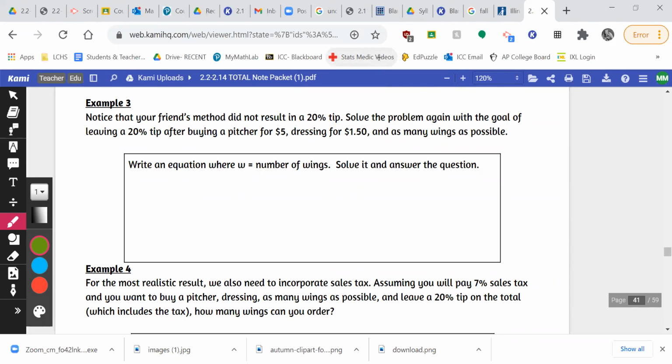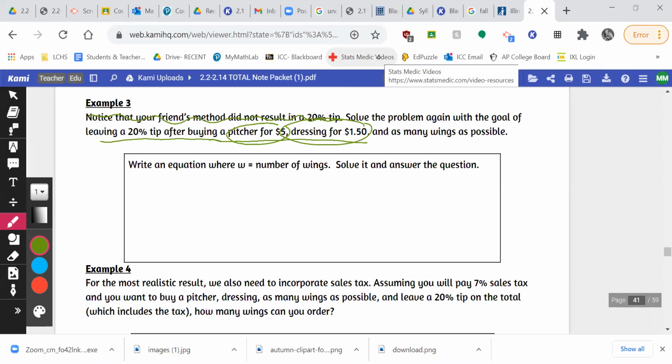So you want to be careful when we look at the percent increase to have it represent the final amount. So in this one, it says, notice, don't worry about that part. Solve the problem again with the goal of leaving a 20% tip after buying the pitcher and the dressing, and then as many wings as possible.